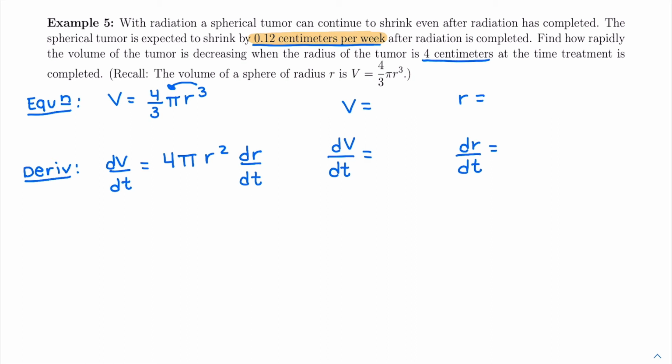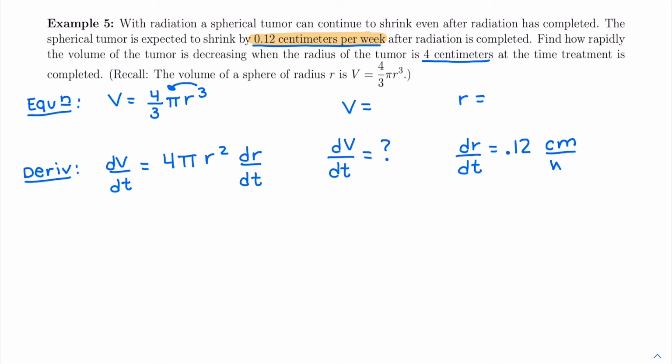We're asked to find how fast the volume of the tumor is decreasing, so what we're given must be how fast the radius is shrinking. If you couldn't tell just by looking at that 0.12, you could read further in the problem, and it says how rapidly is the volume of the tumor decreasing. So we must not know that, which means we know the other derivative.